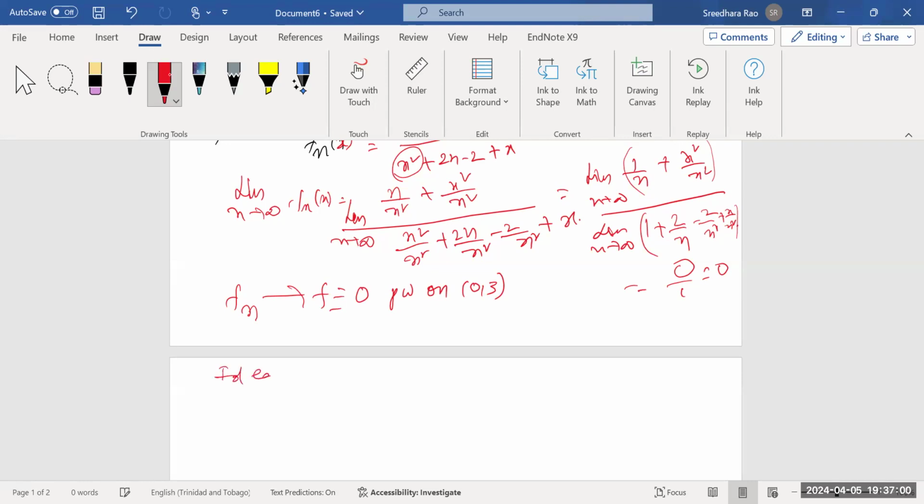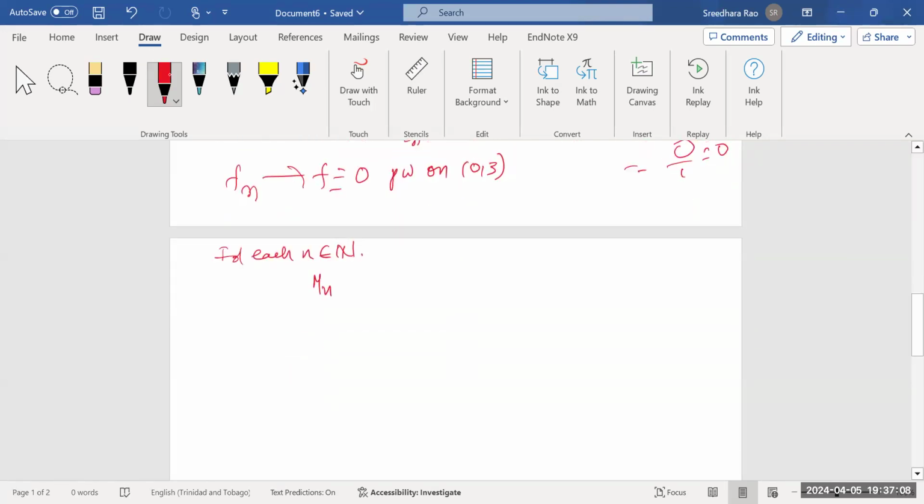For each n belonging to N, we need to calculate Mn, which is equal to the supremum of the modulus of fn of x minus f of x, where the supremum is taken over all values of x belonging to (0, 3), right?